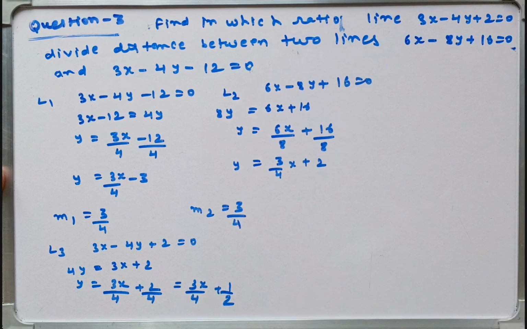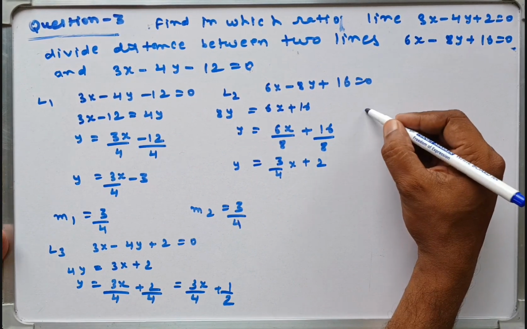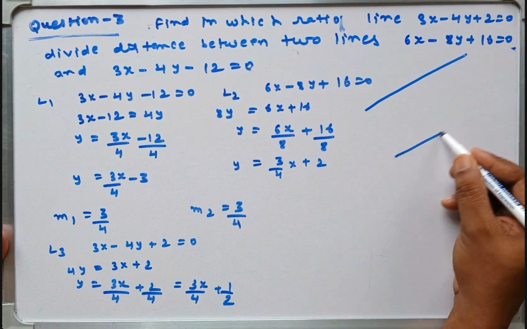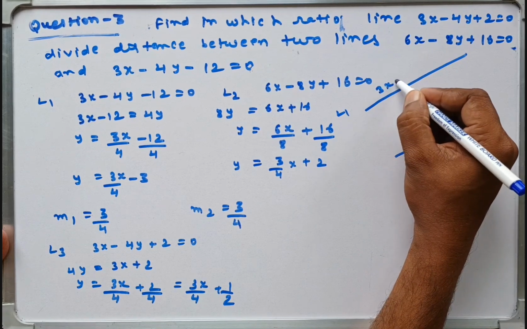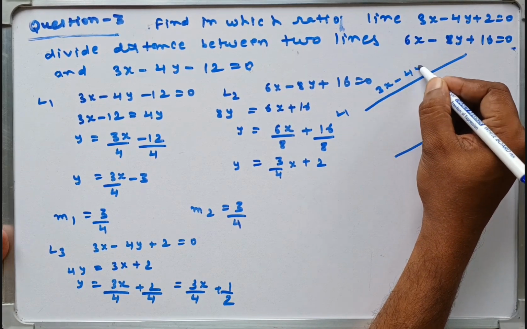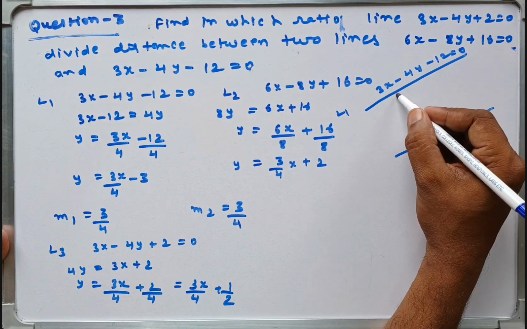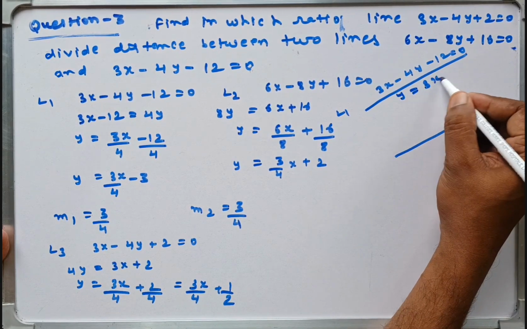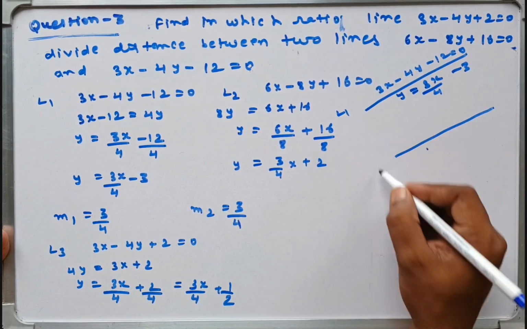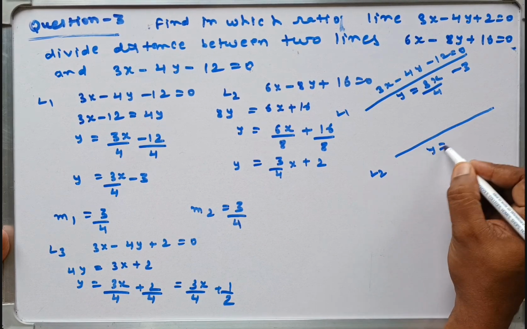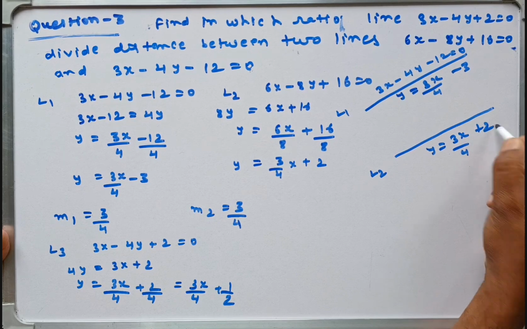Okay, so guys, what you see here, line L1 and line L2. This one is L1, 3x minus 4y minus 12 equal to 0, and the standard form of this equation is y equal to 3x by 4 minus 3. And this one, L2, is y equal to 3x by 4 plus 2.